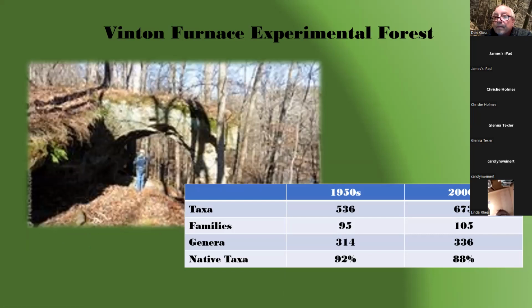This one shows a comparison of information between the 1950s and the 2000s for that forest. And this is just the bottom line data from all of their plant inventorying that they did.